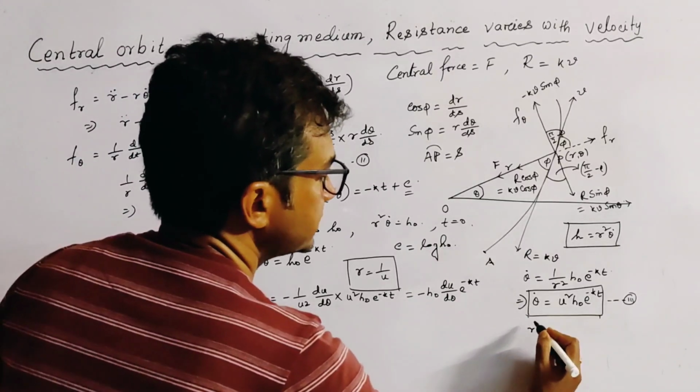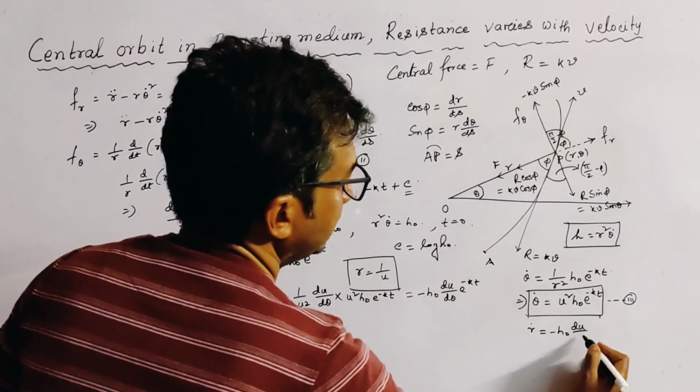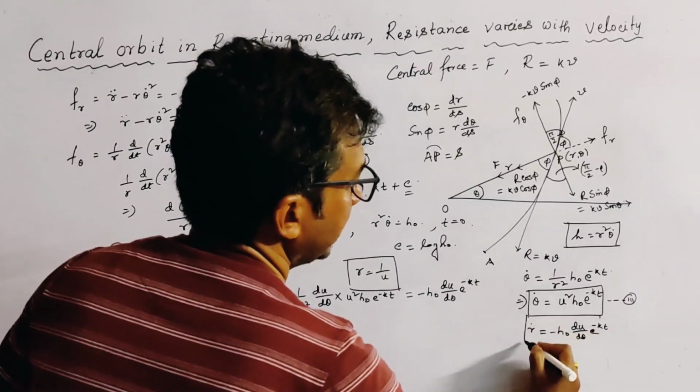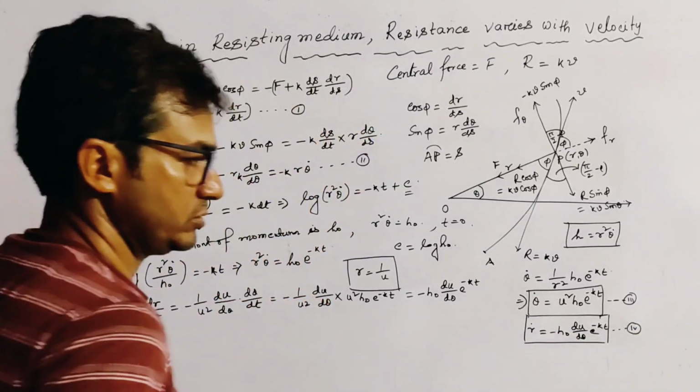Finally we write the result ṙ = −h₀ (du/dθ) e^(−kt), and we name this result 4.